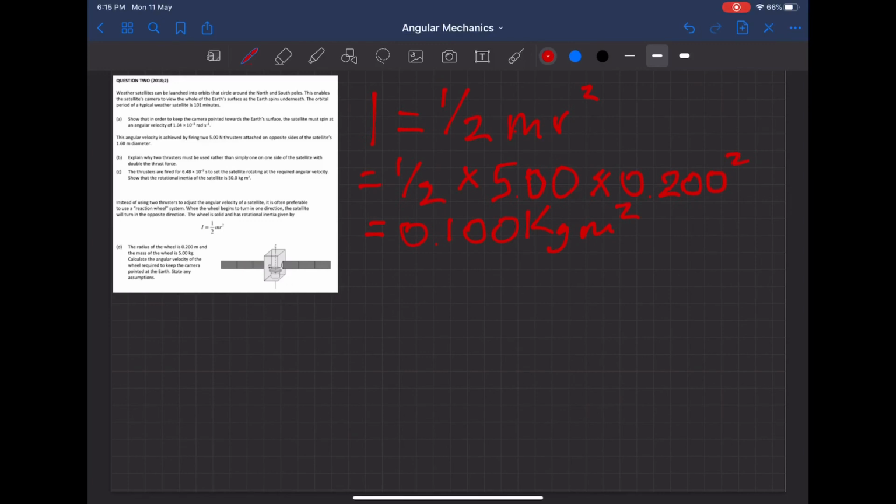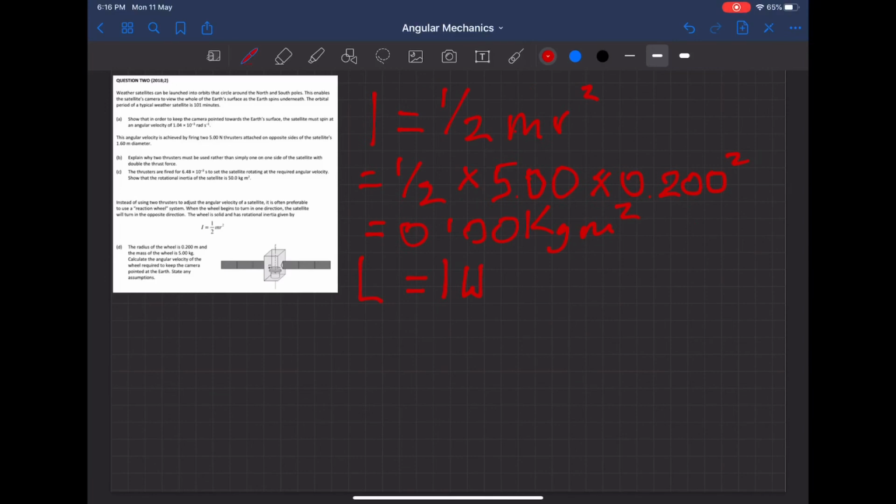Okay, now we want to use our equation that our angular momentum L equals our rotational inertia I times our rotational velocity, or angular velocity, ω.